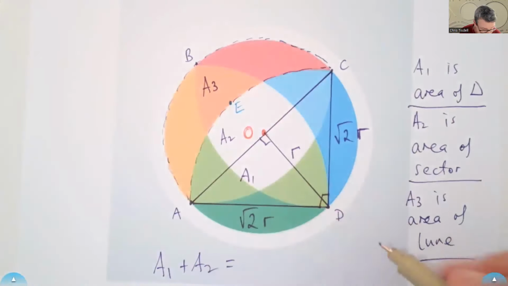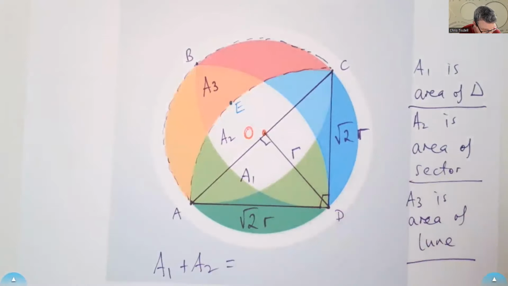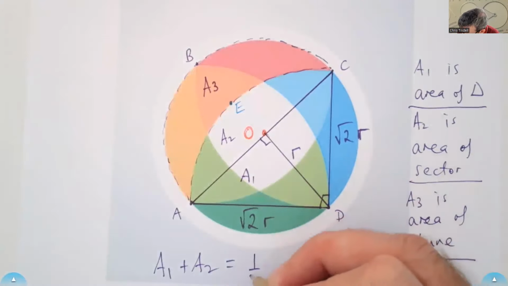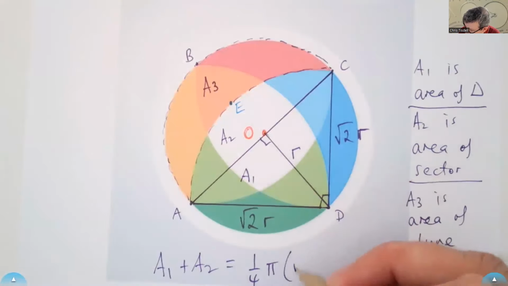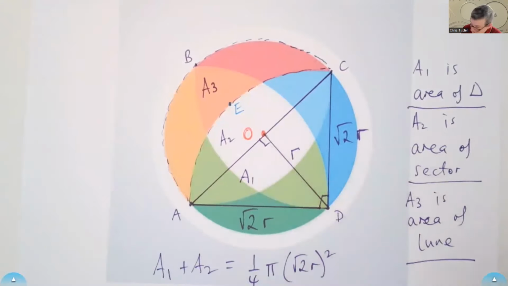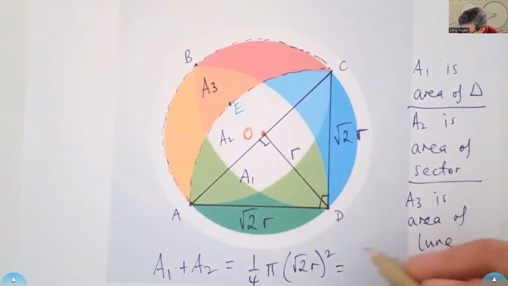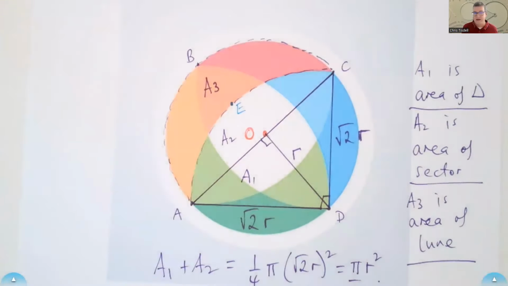That's just a quarter times pi times this. Okay, and if we simplify that, then we'll get pi r squared on 2.